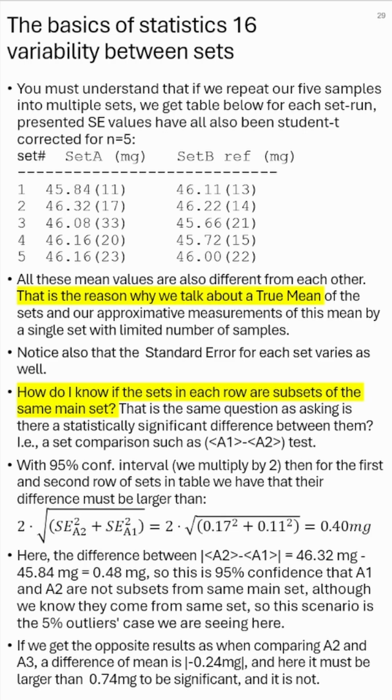It's the same main set underneath. But we see there are differences. I mean, these mean values are different from each other, and also the standard errors change. And that is the reason why we talk about the true mean of the set, and our approximate measurements of this mean by single sets with a limited number of samples.